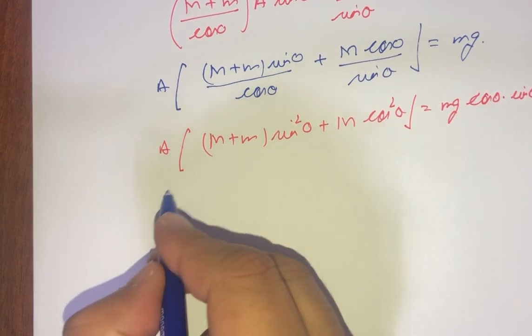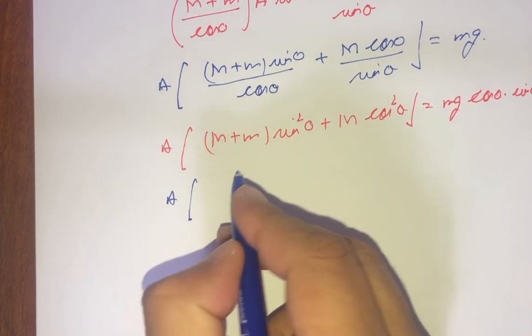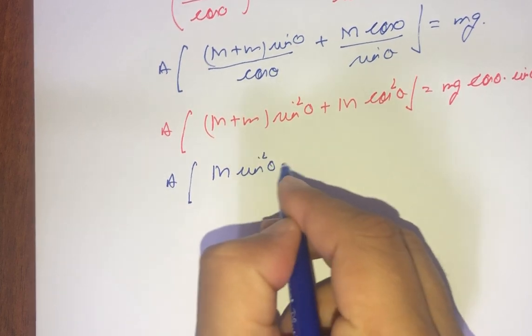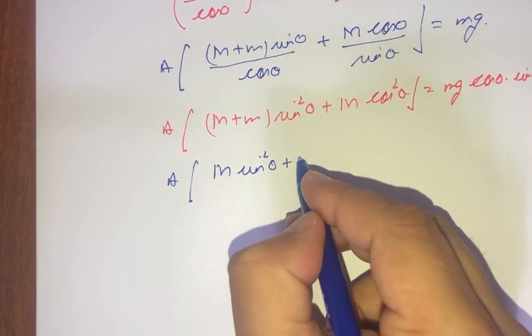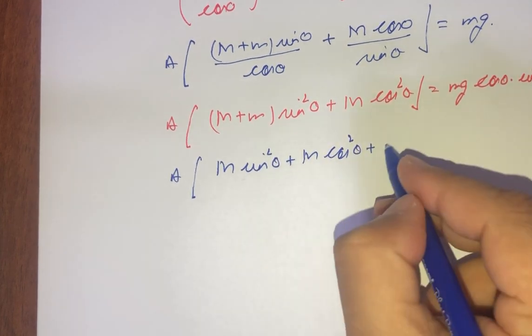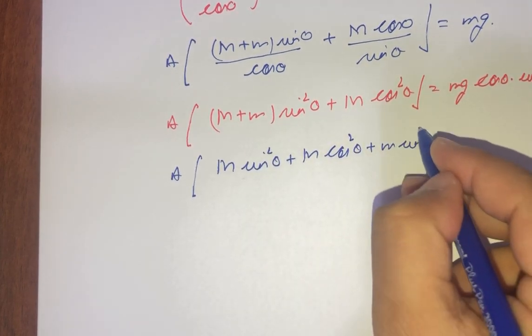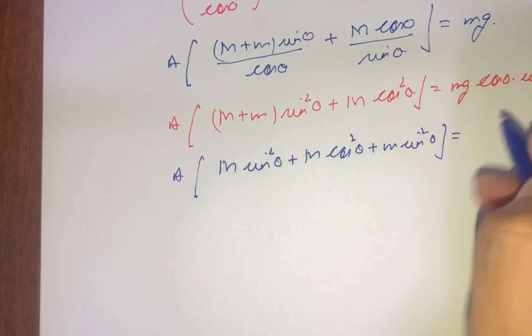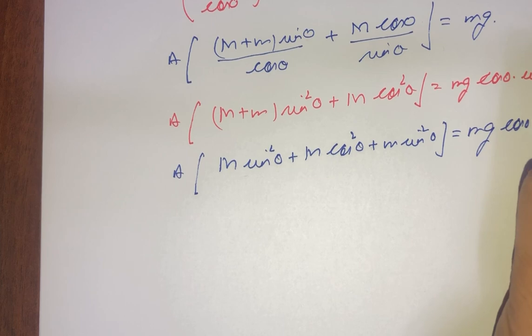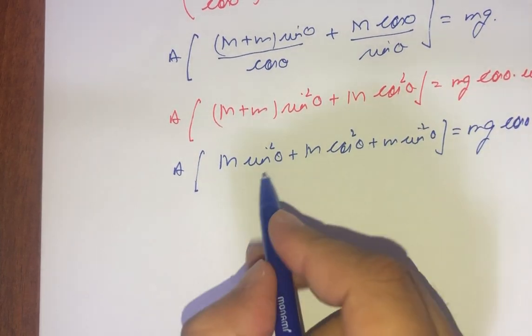We open the bracket, we get a times small m sine square theta plus capital M cos square theta plus m sine square theta is equal to mg cos theta into sine theta.